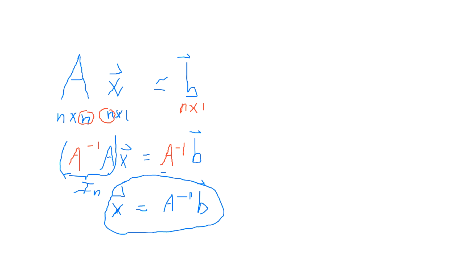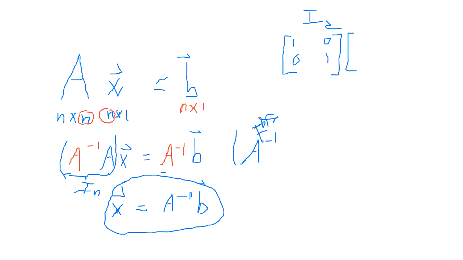Remember, the identity matrix, like if you have I sub 2, which would be 1, 0, 0, 1, and you multiply that by... this is assuming Binyam's right, that if A inverse exists.